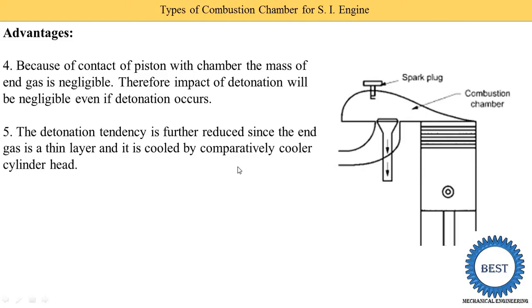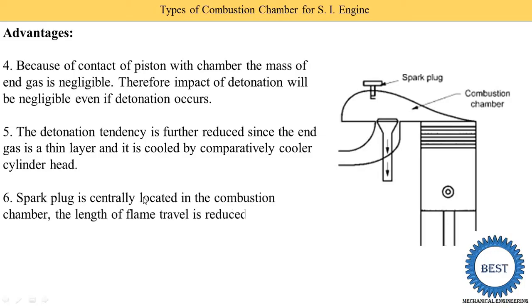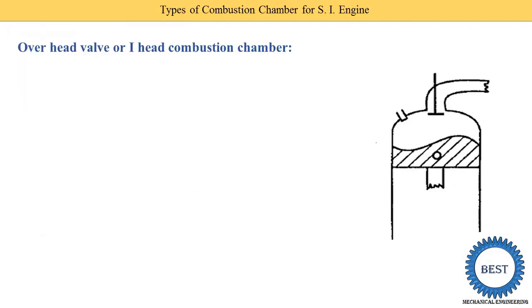If suppose the exhaust gas is not leaving, then the layer of the exhaust gases is very thin, so it is cooled by the comparatively cooler cylinder head. The spark plug is centrally located in the combustion chamber, so the length of flame travel is reduced. It results in reduced tendency of detonation.